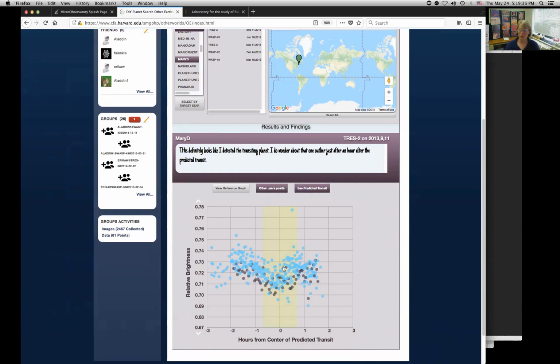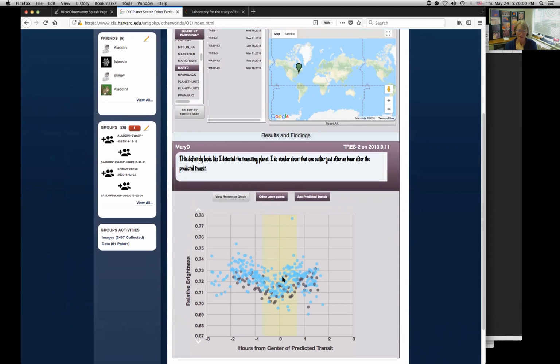Now, this is interesting because to me, I don't know about you guys, this looks like all the data of all the users who've published, like the transit is actually, I don't know, 10 minutes earlier than the predicted transit.